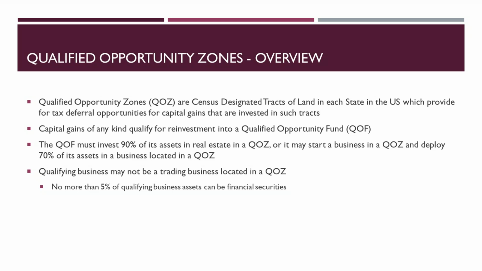And the general thought is that certain urban areas or blighted areas should be treated as opportunity zones. And provisions were written into the tax code to incentivize investors and business people to put money into these opportunity zones with the hope of stimulating them.